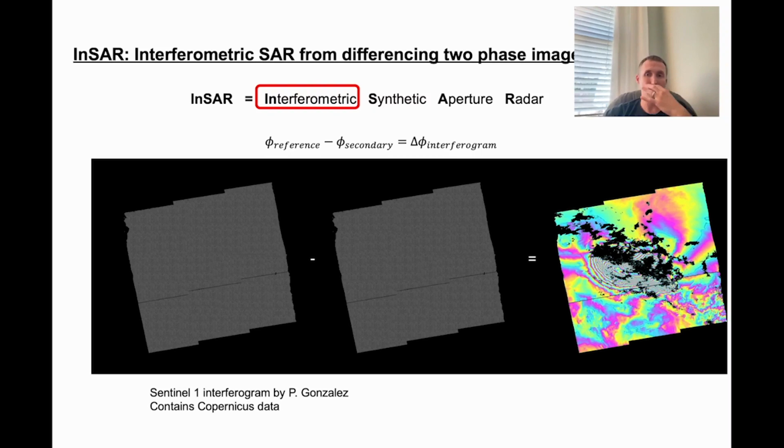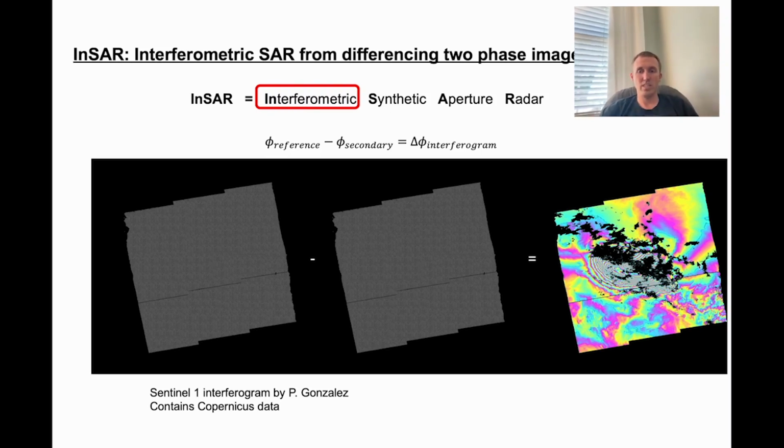The overall scattering is not going to change too much, and so you have temporal correlation. If I pick a particular random pixel from this image and the same pixel in the second image, the scattering properties are likely to be very similar. The only difference will be this deformation which has happened.